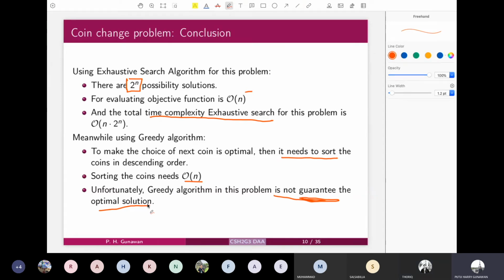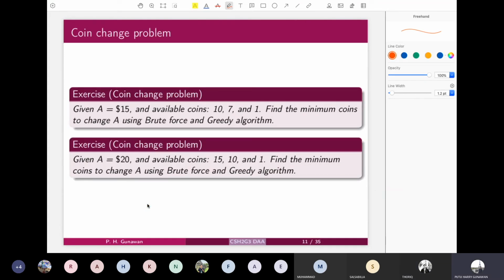Any questions on the coin change problem with greedy? Can you feel how the greedy works? Okay, now go to the examples, example 1 and example 2.